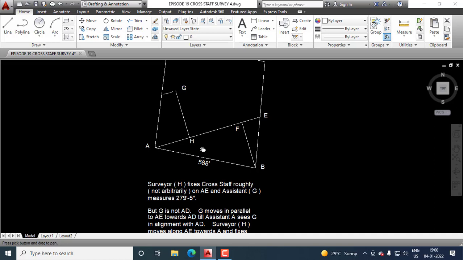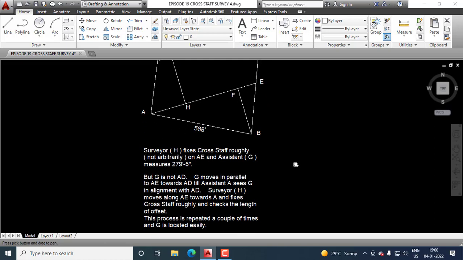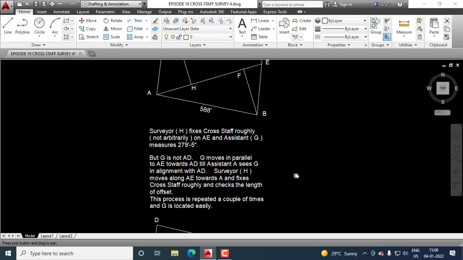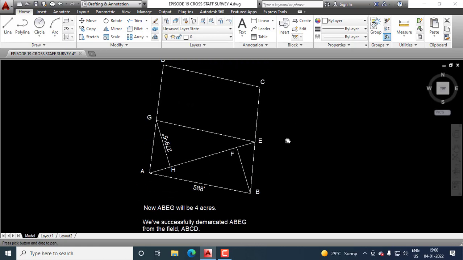After a couple of trials, all these conditions will be met. This will be 90 degrees, G will be on AD, and HG will be 279 feet 5 inches. Now ABEG will be 4 acres.